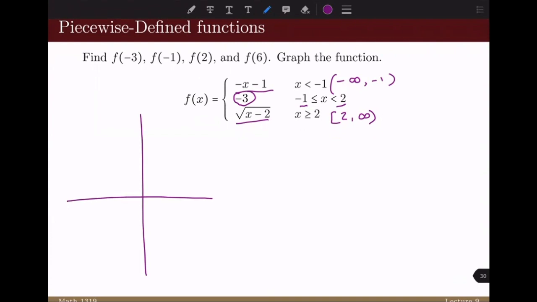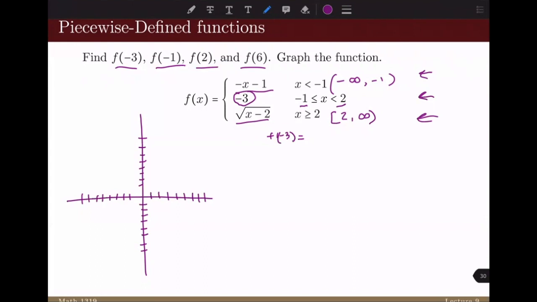So let me show y'all how we will do this. First, we're going to find these values that we were requested to find, and then we can put them on the graph. All right, let's start with f of negative 3. When I'm finding f of negative 3 in a piecewise function, I first want to look at which interval it's in: the first one, the second one, or the third one. Since negative 3 is less than negative 1, it's going to be in the first one.